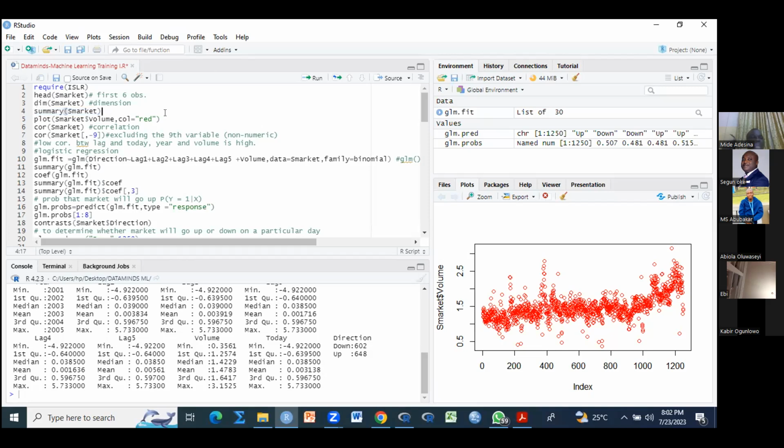So, okay. Now, let's plot. Here, I have red, right? I have red here, but I may decide to use blue. Okay, I now change it to blue. I can plot now.